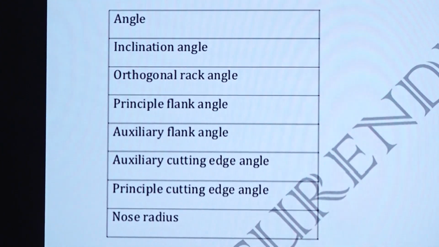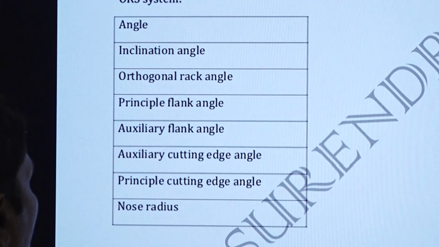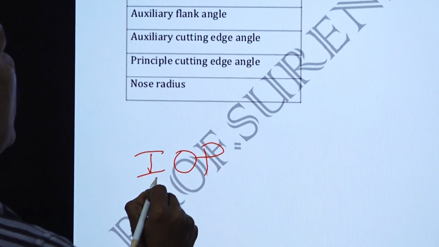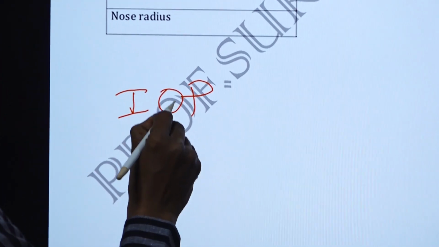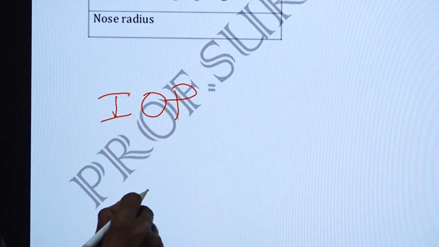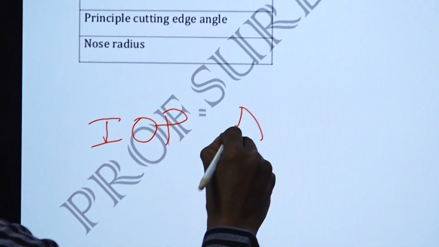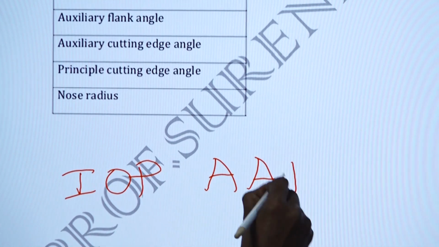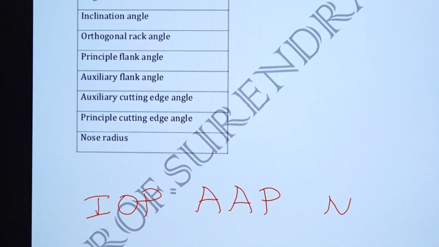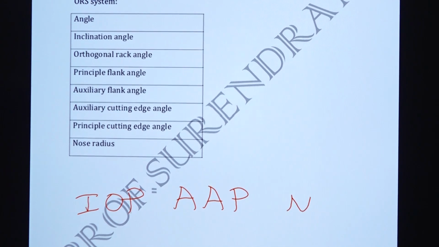So for inclination angle, you have to form a mnemonic code: IOP. Inclination angle, orthogonal rake angle, principal flank angle or principal clearance angle. Then auxiliary flank angle, auxiliary cutting edge angle, principal cutting edge angle, and nose radius. Okay, IOP, AAP, nose radius.